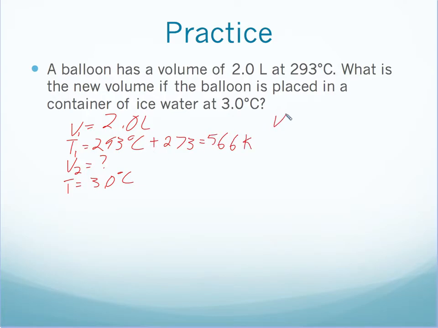If I take V1 over T1 equals V2 over T2, and I solve for V2, I'm going to take both sides times T2.